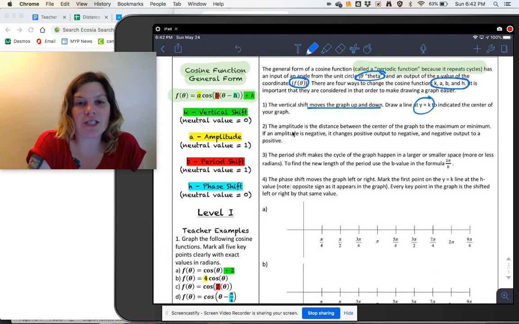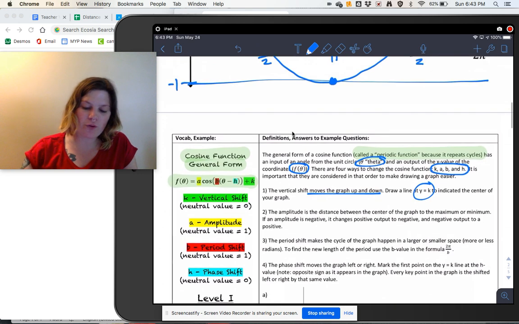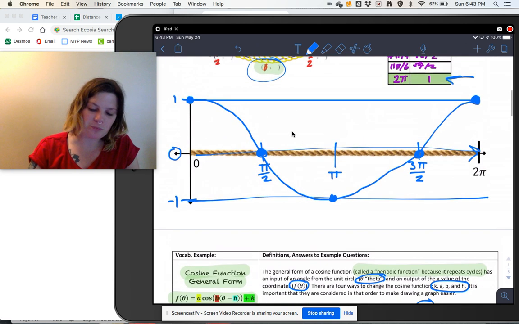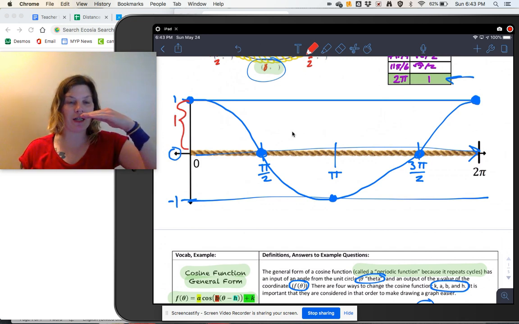Amplitude changes the height of the graph, how high the maximum is and how low the minimum is. So for example, in this picture, we know the amplitude is equal to 1 because the distance between the middle line, the k line, and the maximum is 1.